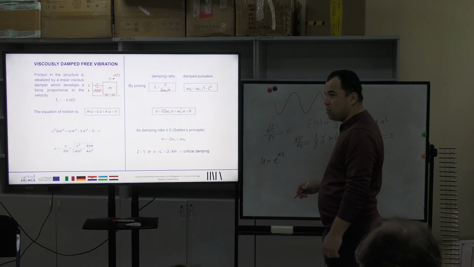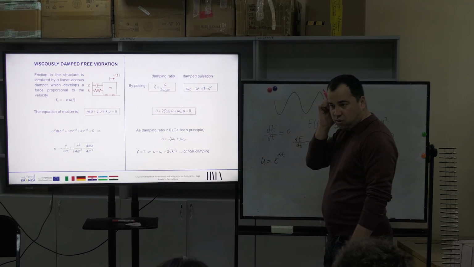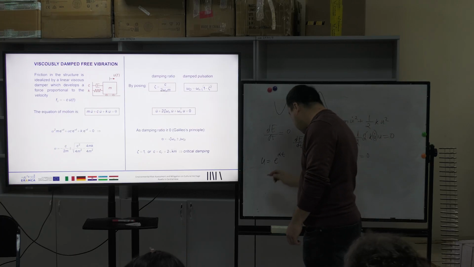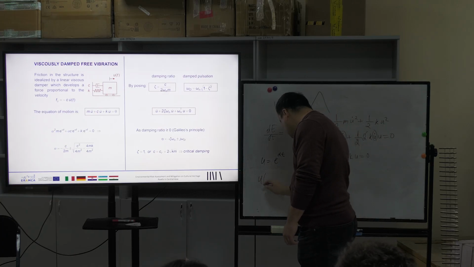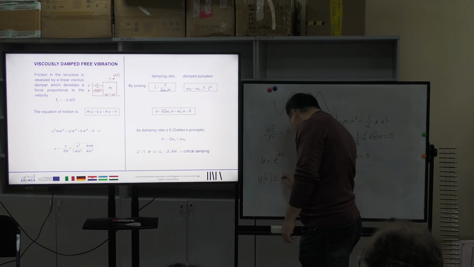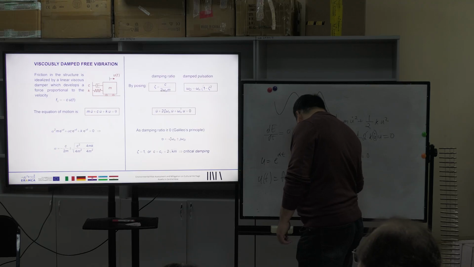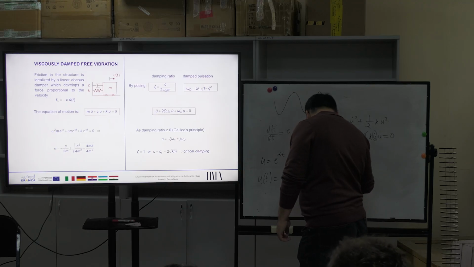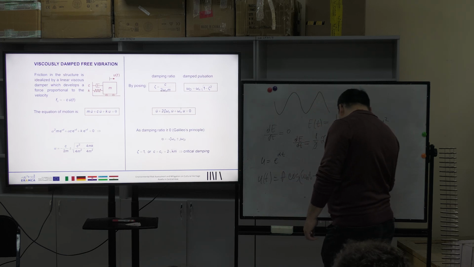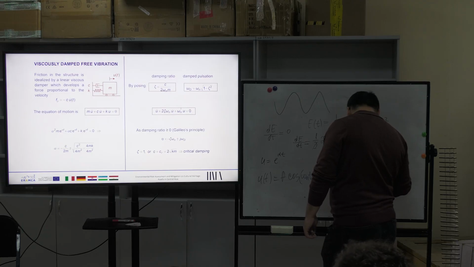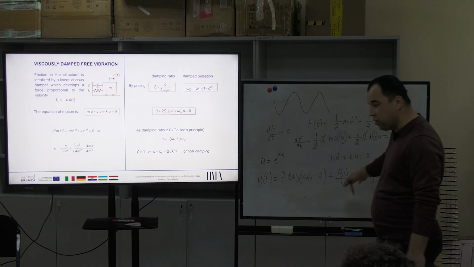Before, this was a coefficient times cosine omega n t minus v, plus b u dot over omega n times sine omega n t minus v, and so on and so on.